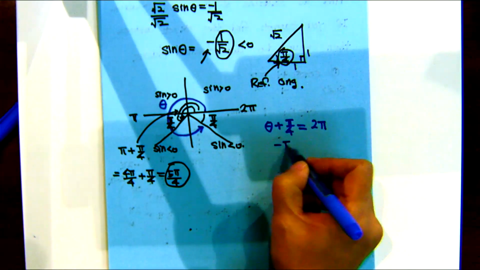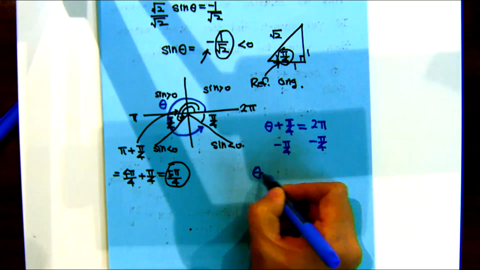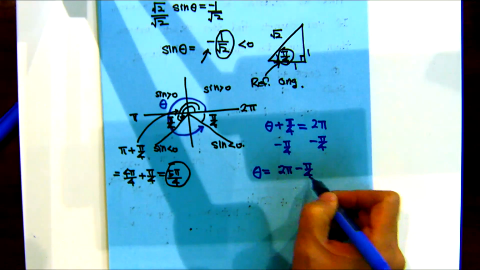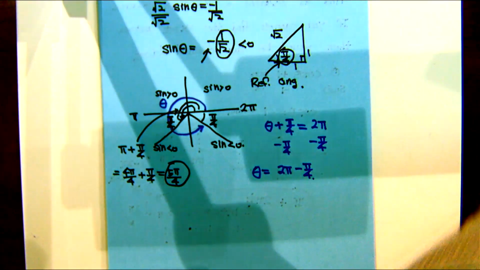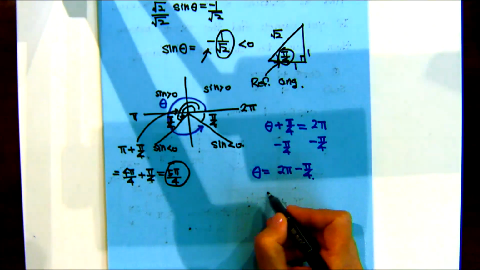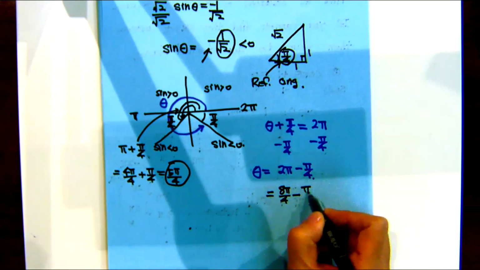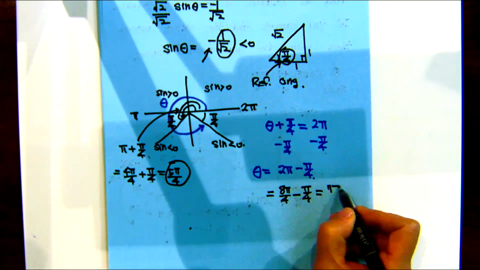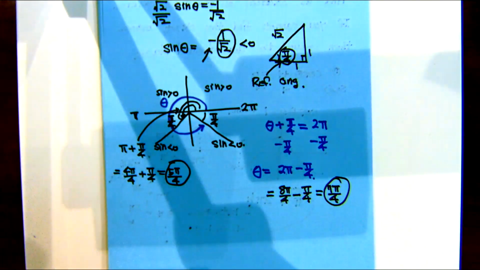So we subtract pi over 4 on both sides, then we get theta equals 2 pi minus pi over 4, right? So that is 8 pi over 4 minus pi over 4, which is 7 pi over 4. So there are 2 angles.